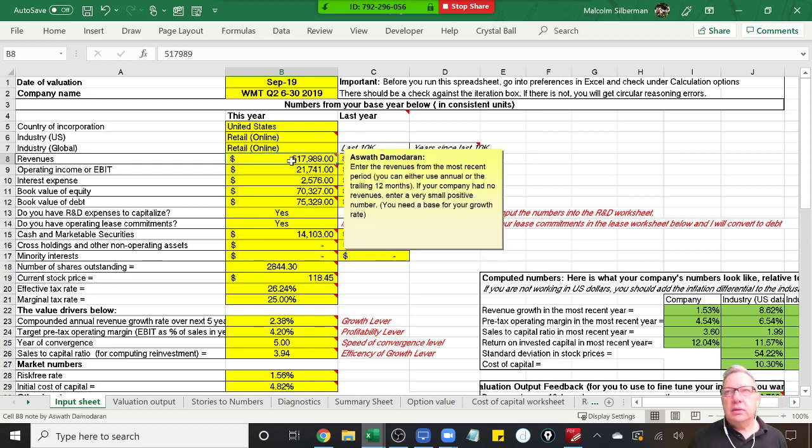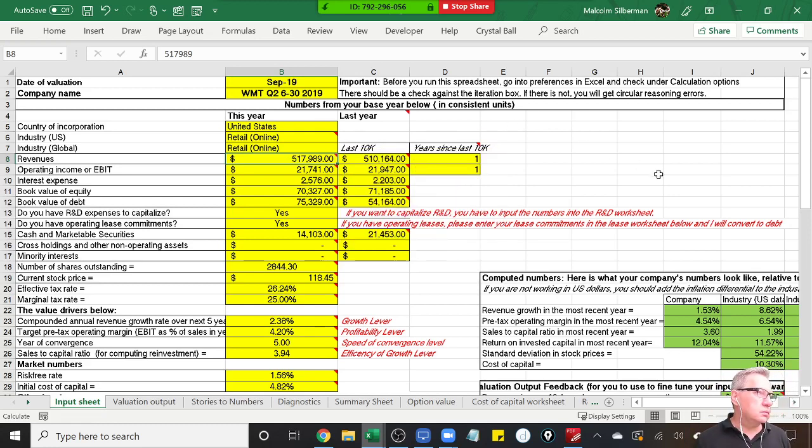Trailing 12 months. The LTM revenues for this year. 517,989. Okay. Then revenue for the last 12 months minus 1? Yes, the LTM minus 1. 510,164. Okay, cool.